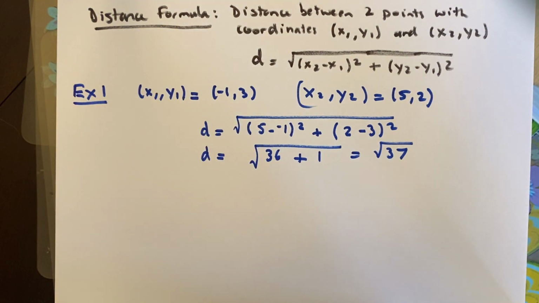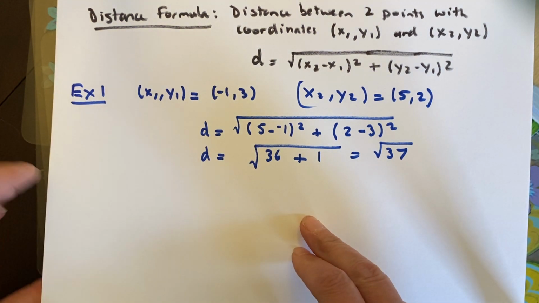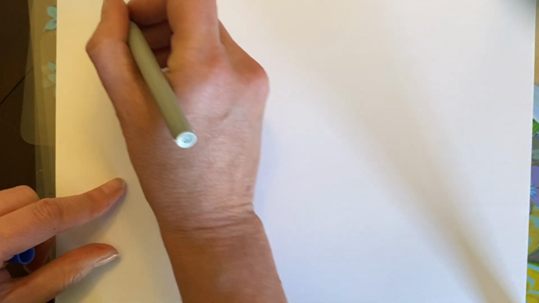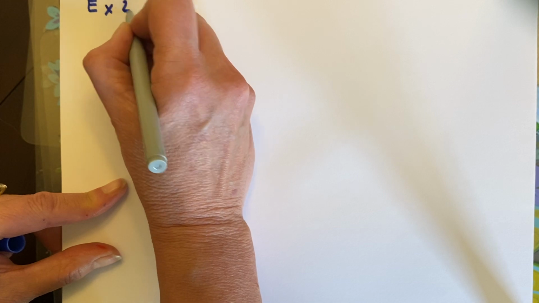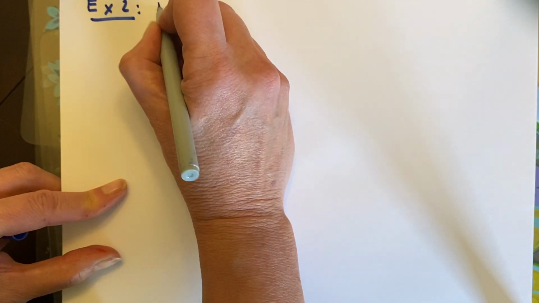And I want to start example 2, but I don't have quite enough room, so I'm going to change papers here and start fresh. In example 2, it's saying find a missing coordinate.